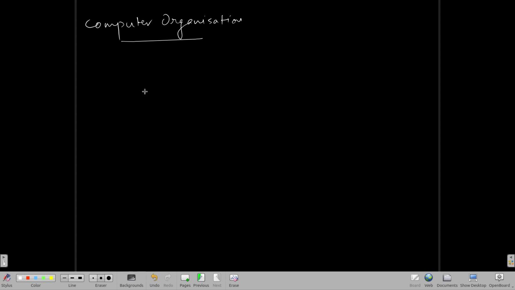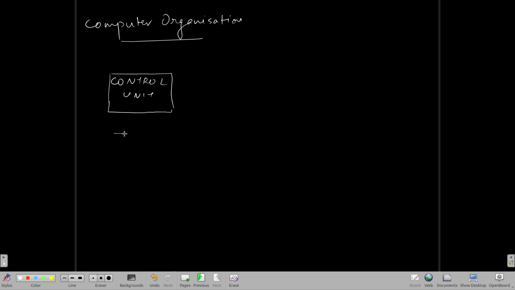Okay, so now I'll just draw the diagram first and we'll see the components one by one. Actually we have seen some of the components earlier. So the first one is the control unit, right?